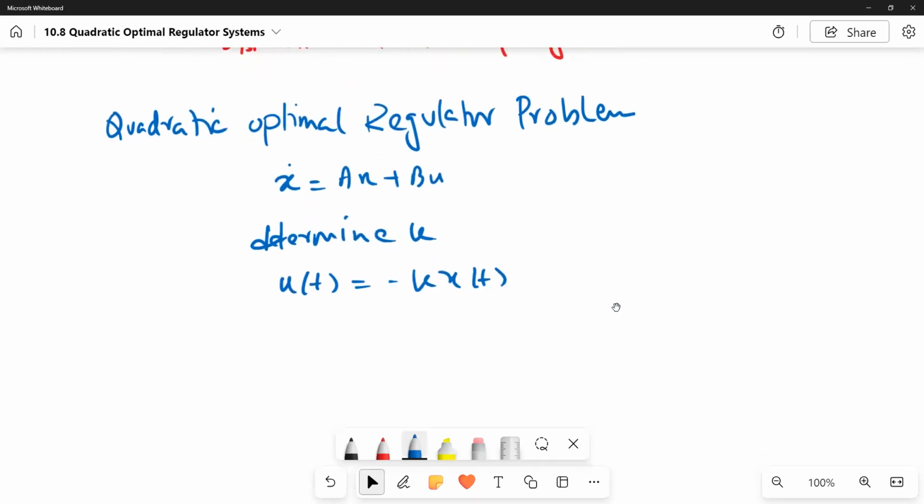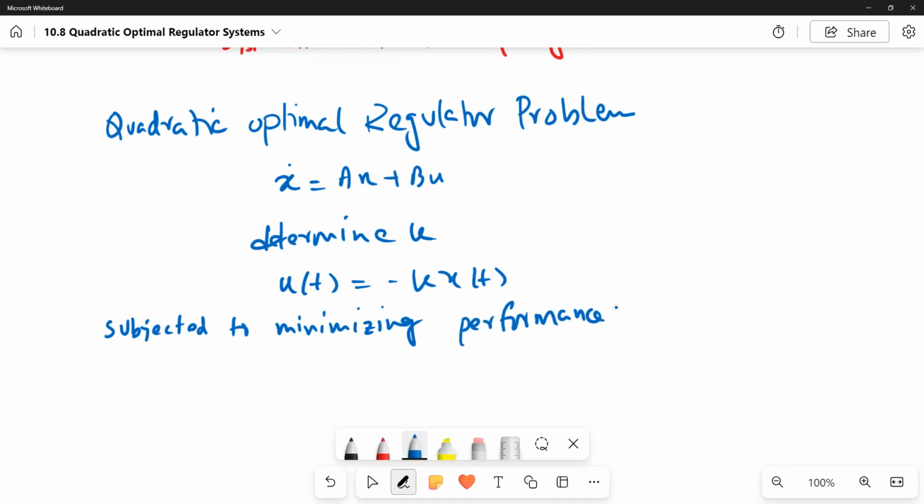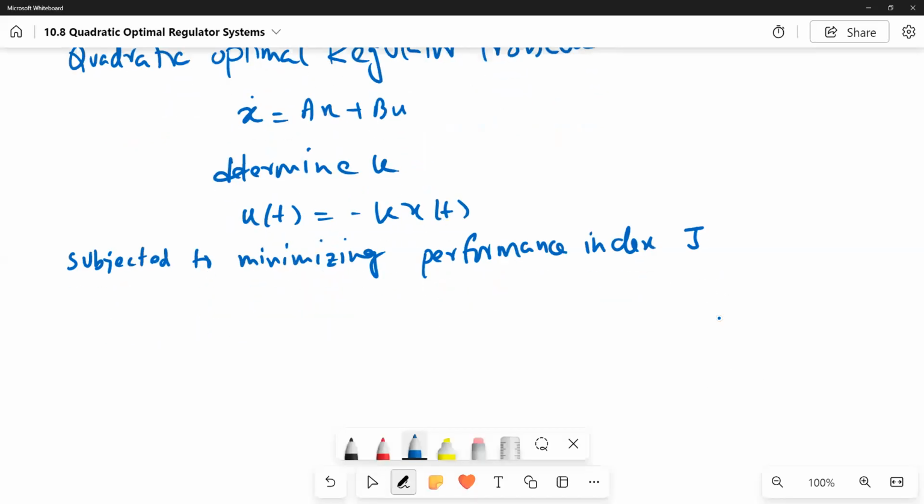And this time, the regulator problem is related to minimizing the performance index J. In this book they call it a performance index, but in more general terms it is actually the cost function.